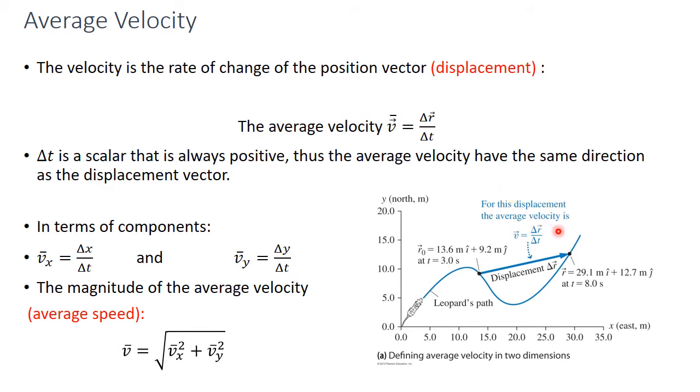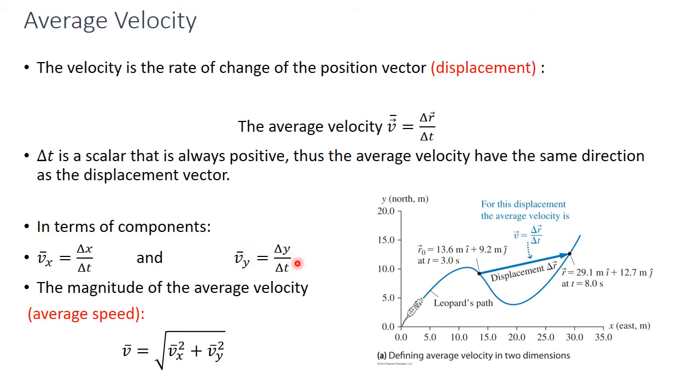We can also divide the average velocity vector into components. So instead of saying directly delta r vector over delta t, I can say that the velocity has two components. A component on the x-axis, vx average, which is delta x over delta t, and a component on the y-axis, vy average, which is delta y over delta t.